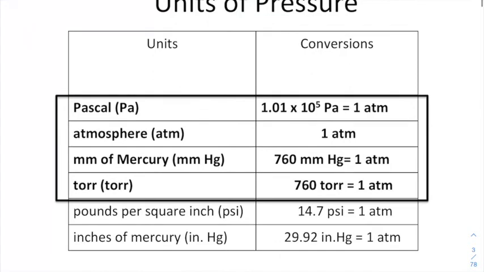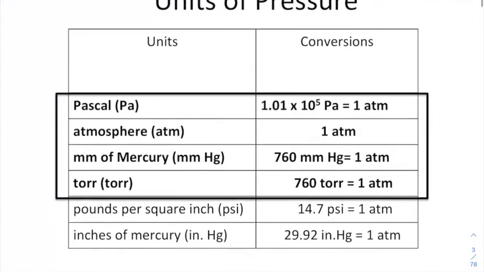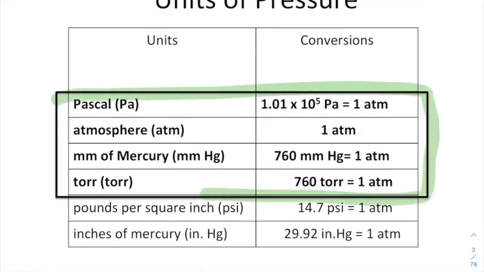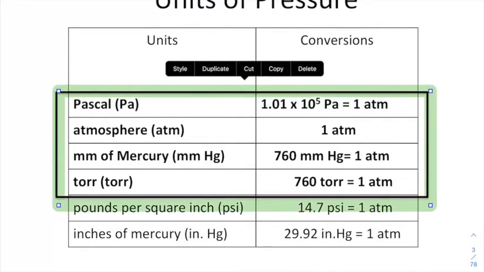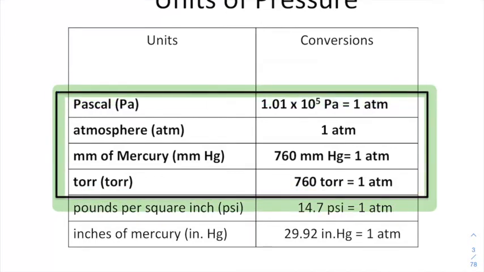All right, so here are those units of pressure and a few more. These are the units I want you to know, the ones in the box. Starting off is the pascal: 1.01 times 10 to the 5th pascals equals 1 atm. I want you to know that conversion.